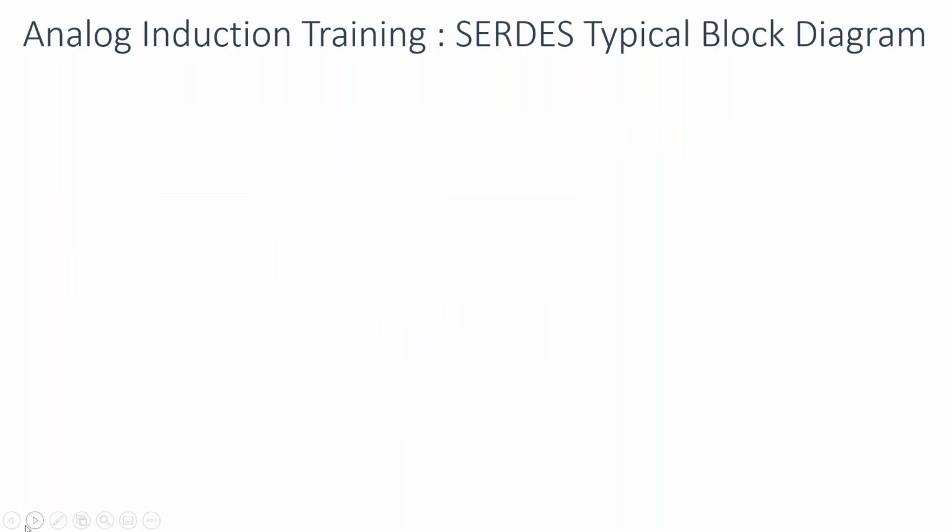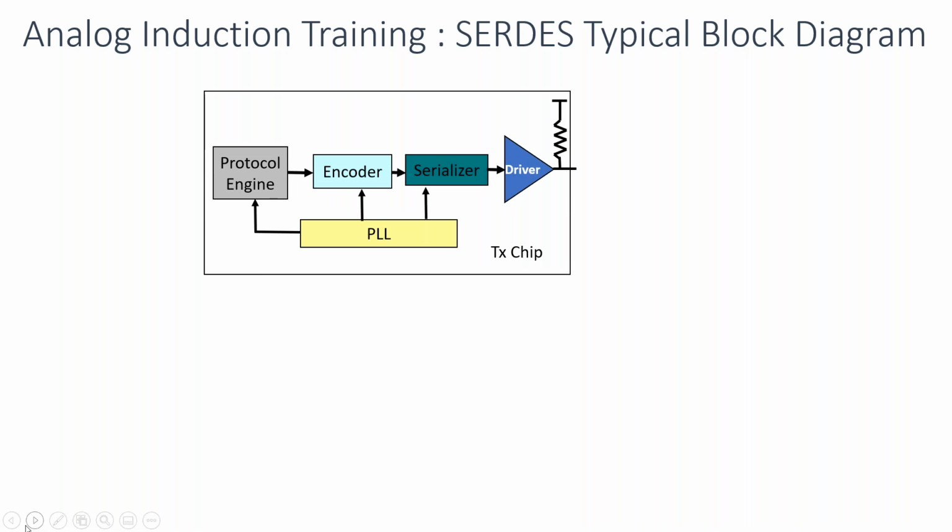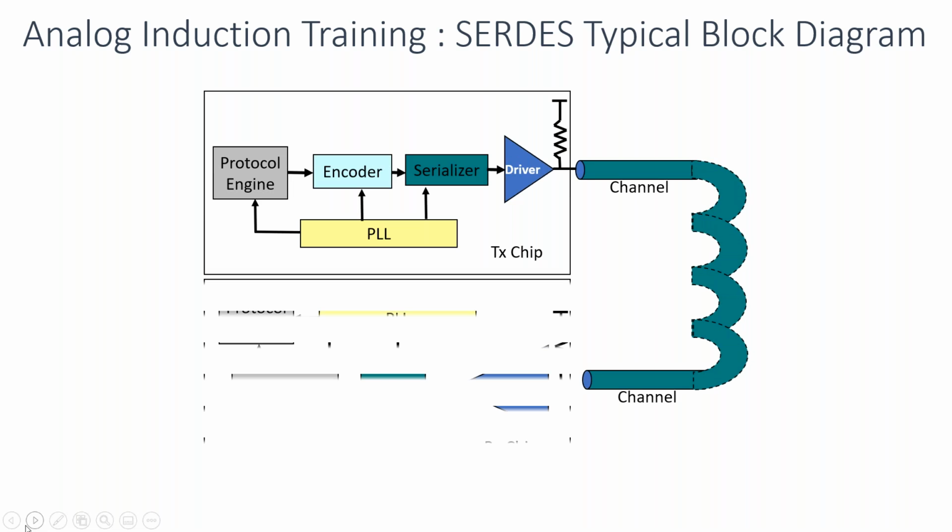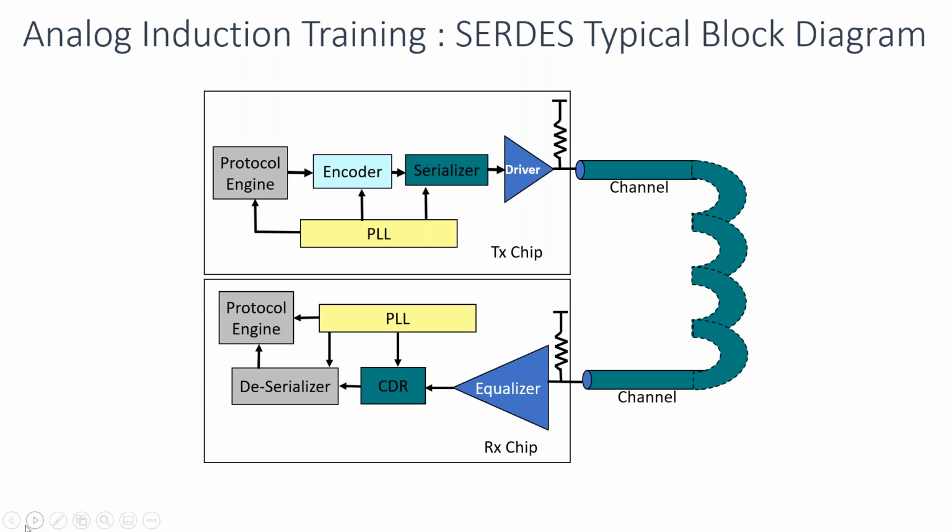I'm giving you an example of a typical SerDes block. You can call it PCI Express or HDMI or anything. I wanted to capture the complexity of the blocks. You have a protocol engine which has a standard, then there are encoders, serializer, driver, channel, and the PLL on the transmitter side, which are basically high-speed analog systems.